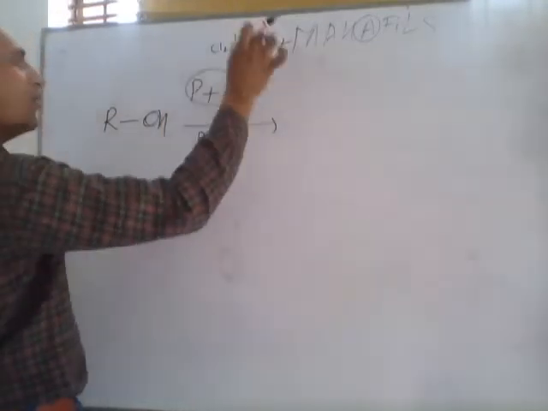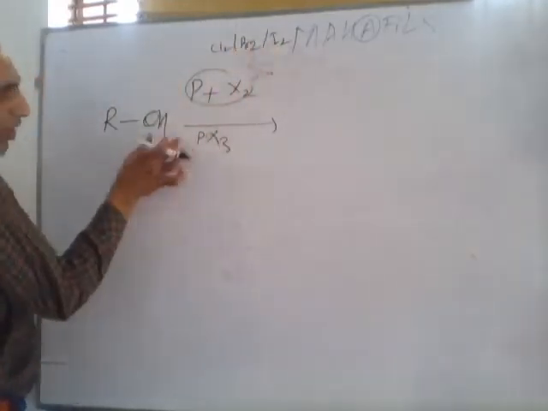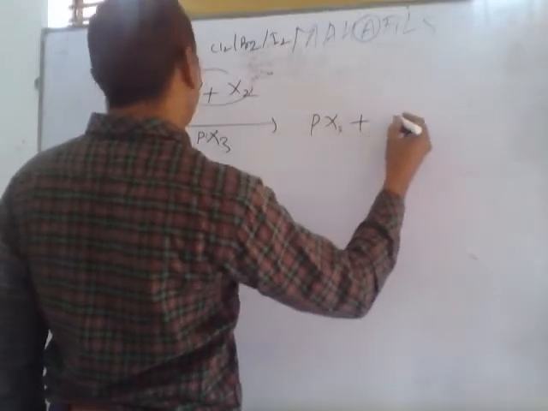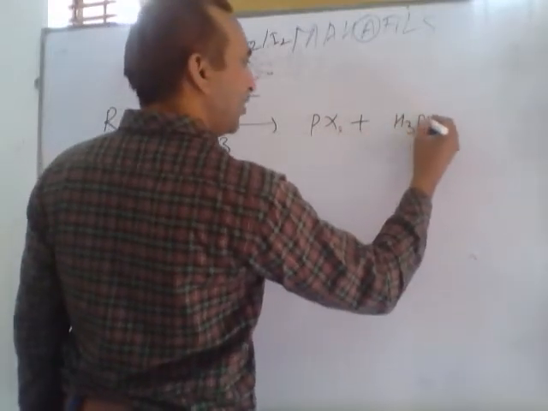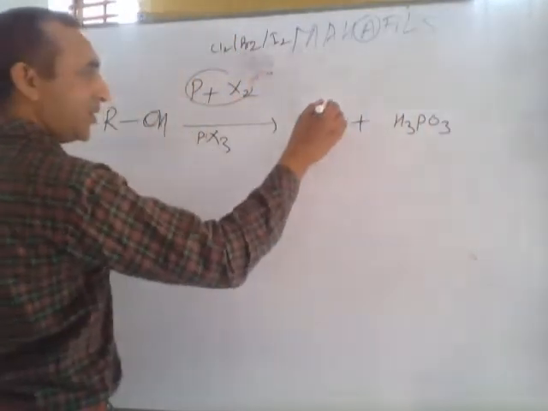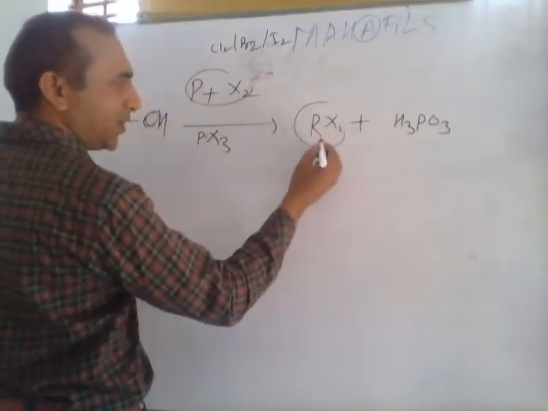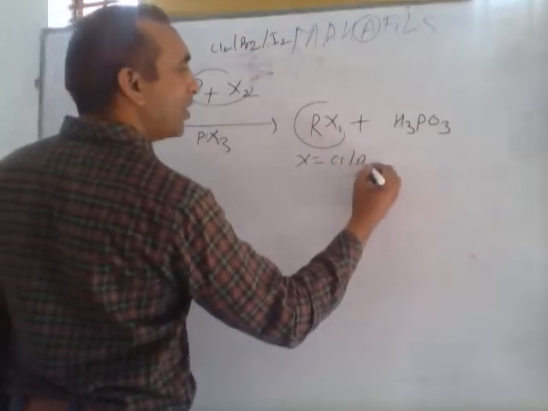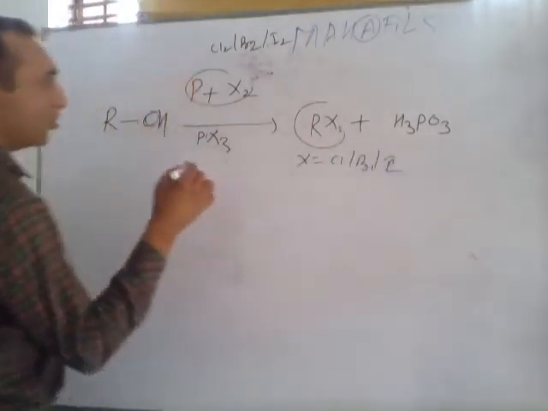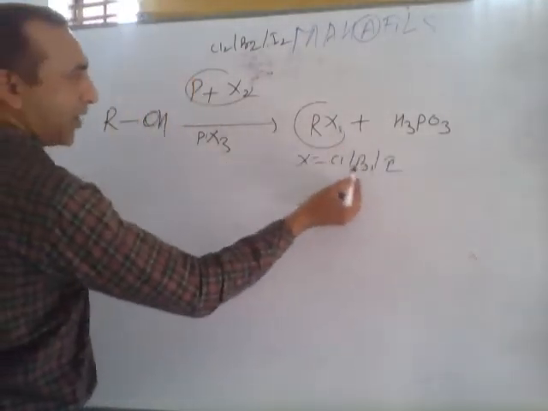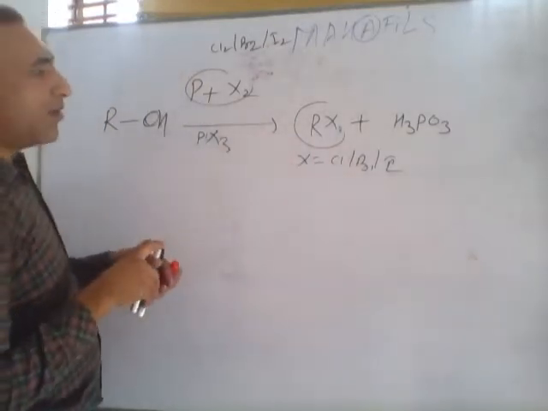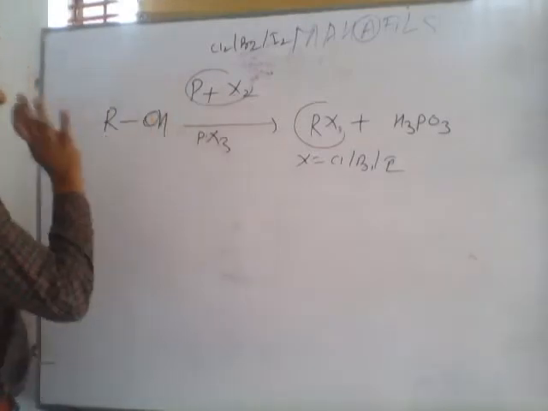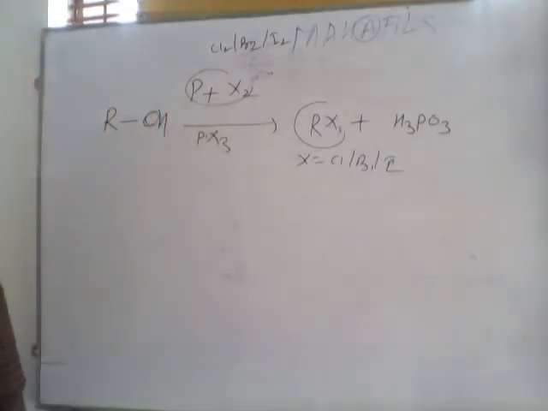Then this reacts with ROH and forms RX along with H3PO3, where R is alkyl. So remember, to prepare an iodo, chloro or bromo alkane, we use red phosphorus along with X2 for reacting with alcohol.